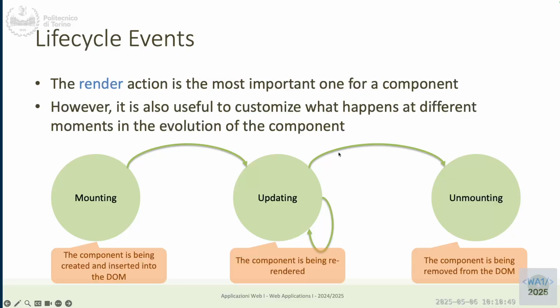So basically, a component in React is an object that is first created and mounted into the page. The first phase, called the mounting, is when the component is first displayed in a given page.